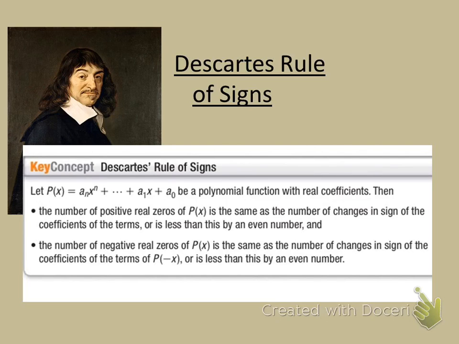What Descartes' Rules of Signs teaches us is this. If you go through a polynomial and you count up the sign changes, you can determine the possible number of positive roots that polynomial has.